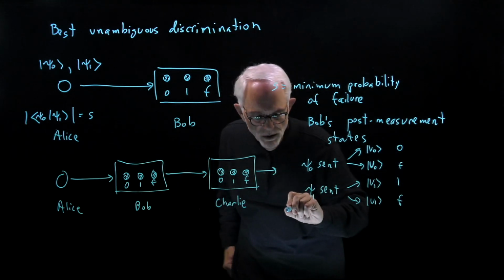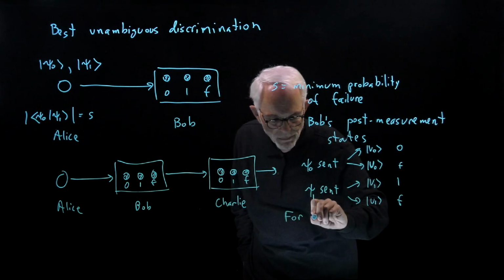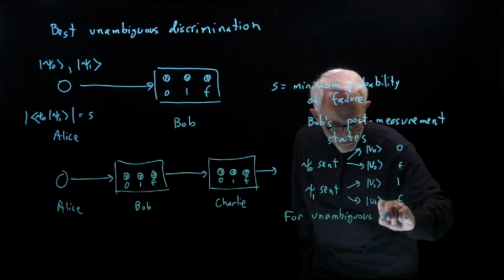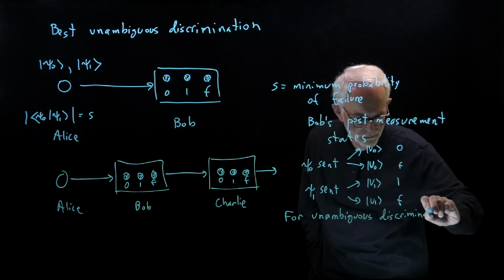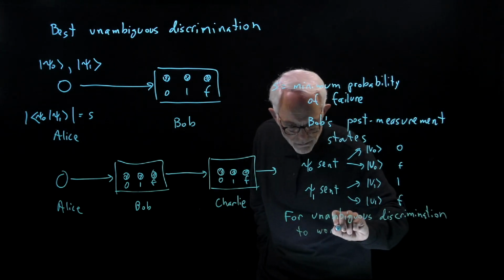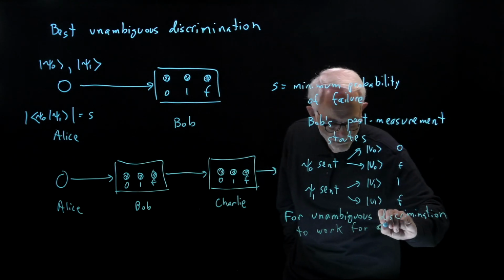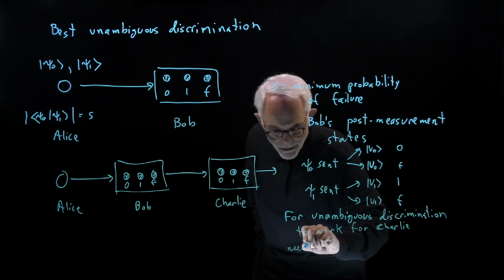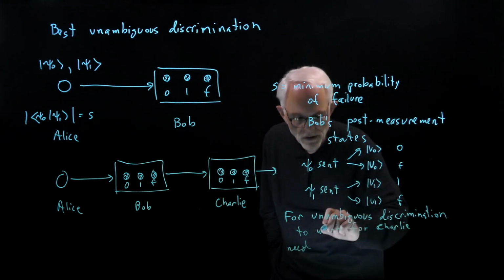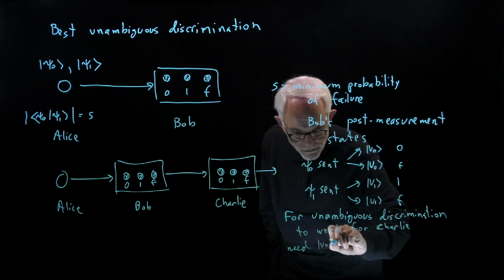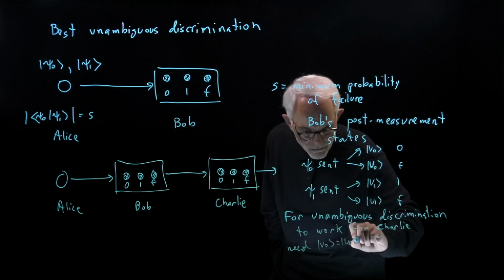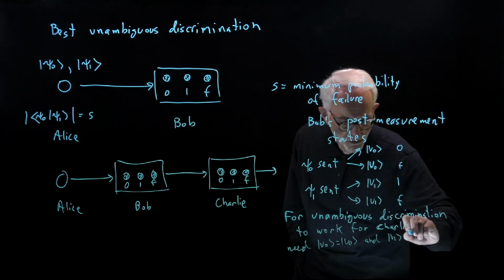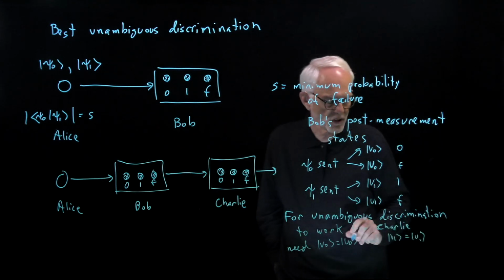So for unambiguous discrimination for Charlie, we need that V0 equals U0 and V1 equals U1. And this can be done.